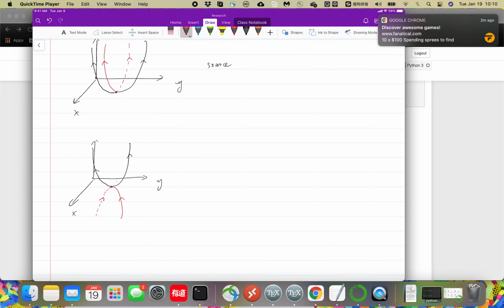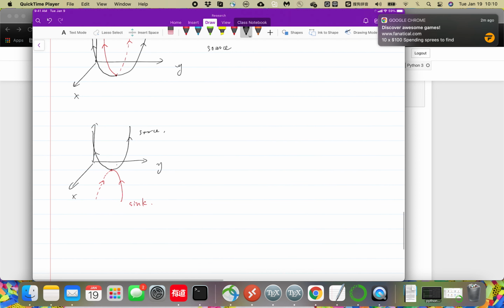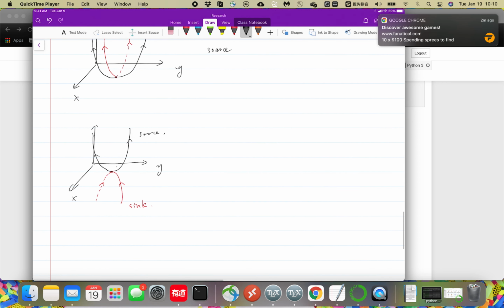So in this red direction, it's a sink because it's going towards 0, 0. In this black direction, you are going to be a source. So together, you are going to be a saddle, and it's not hard to see. Actually, this is the saddle point we typically see in 3 dimensions in calculus 3. So that's where the name comes from. So it actually makes sense. It's not just an analogy, if you pump everything up one more dimension into 3 dimensions. Saddle point.